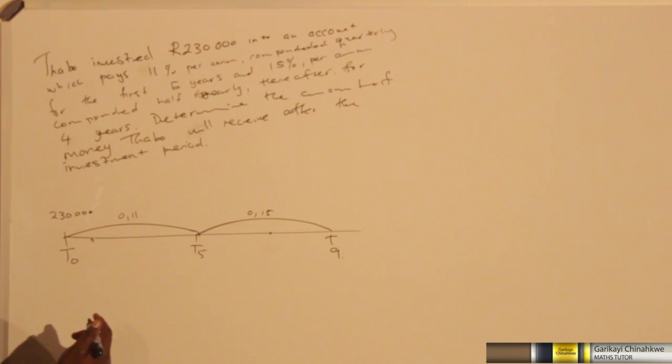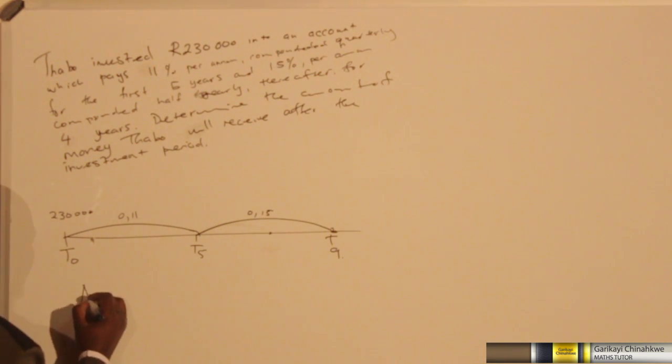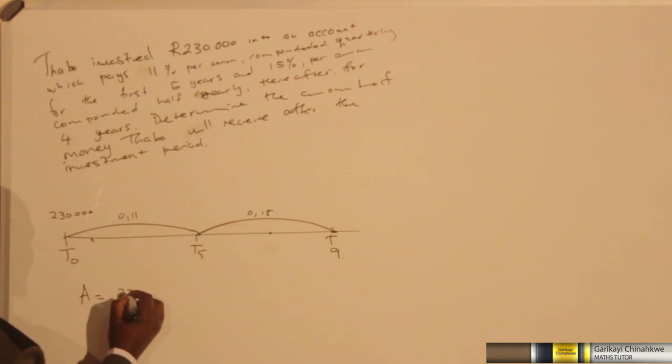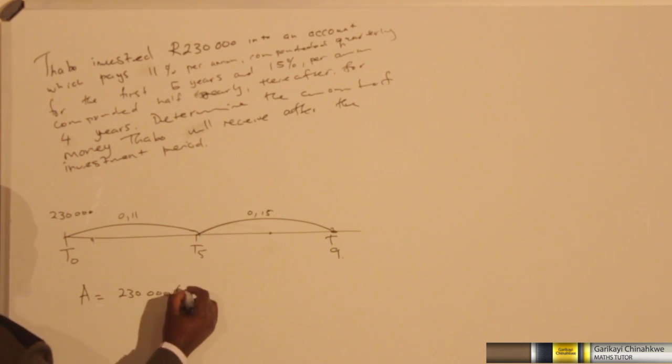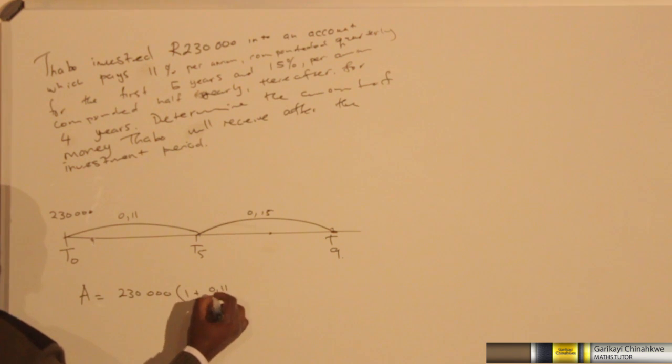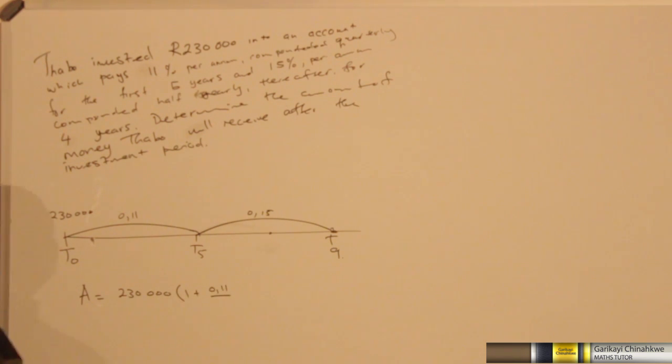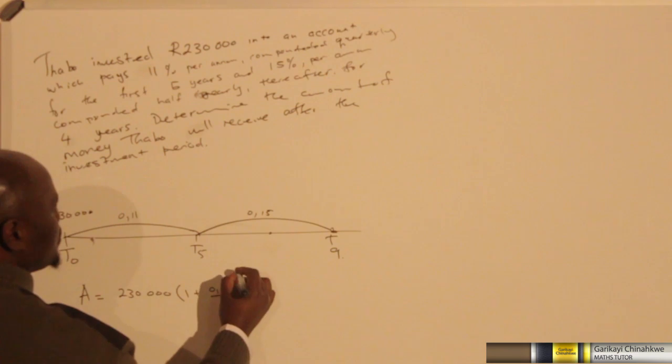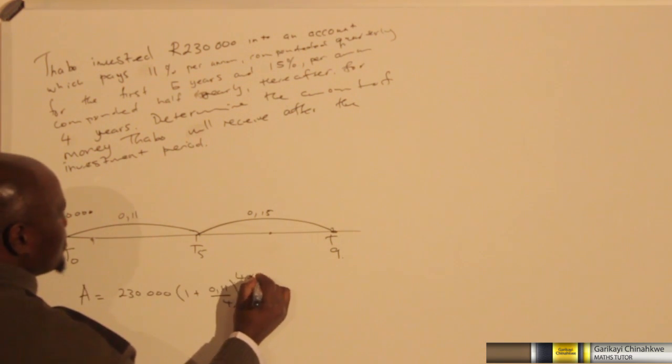So when you're calculating the amount of money that Tabo will receive, you're going to say A is equal to 230,000 times 1 plus 0.11, compounded quarterly, over 4, to the power of 4 for 5 years, times 5.